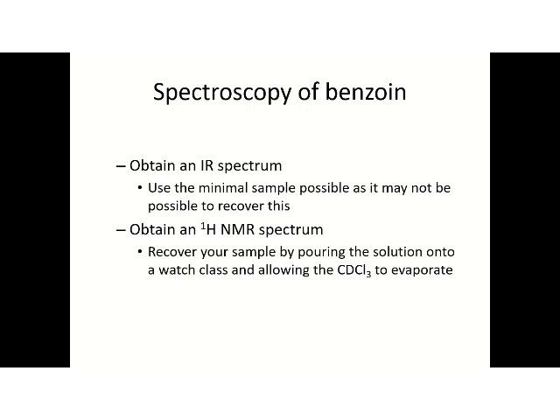As always, you need to use the minimal sample possible, and it may not be possible to recover it. You also need to get the proton NMR spectrum with chloroform and then recover your sample by putting the chloroform solution onto a watch glass and allowing the chloroform to evaporate.